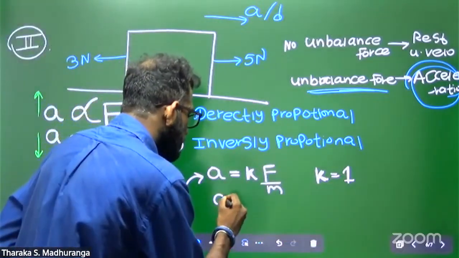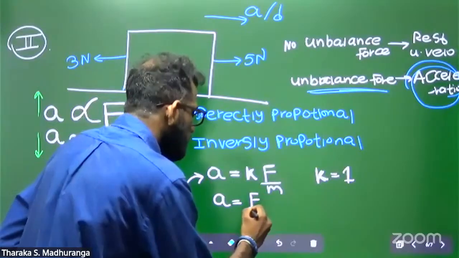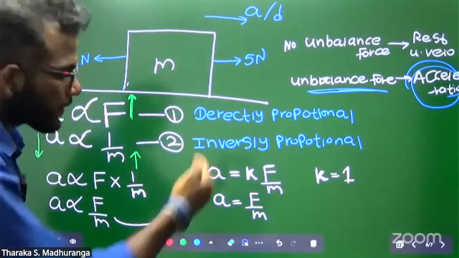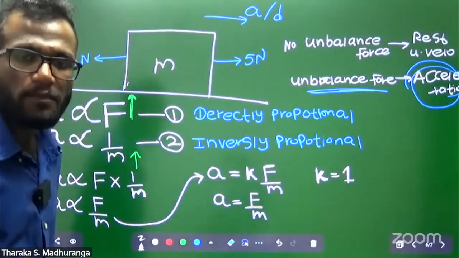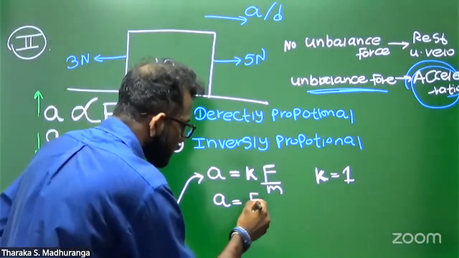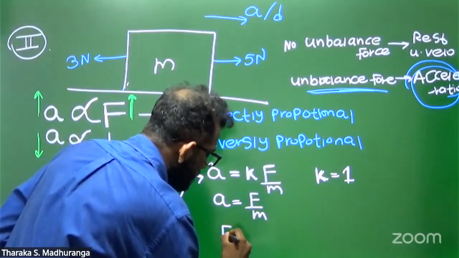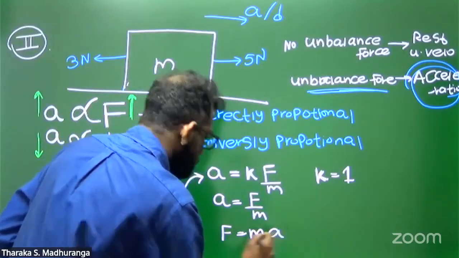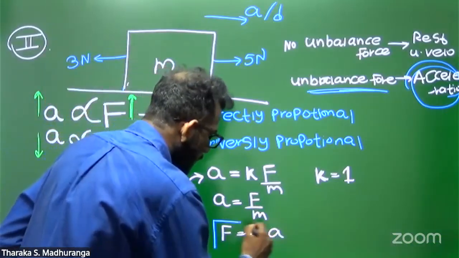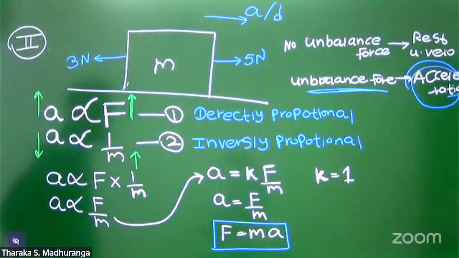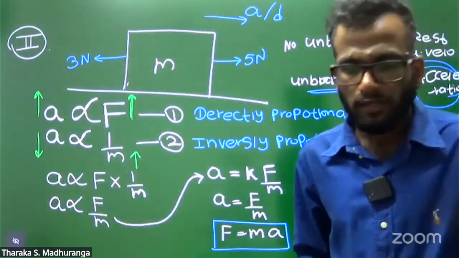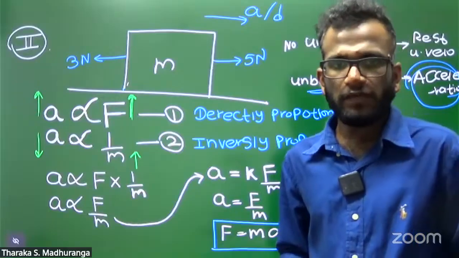Then 1 times F over m is just F over m. By cross multiplication, we get F equals m a as the final equation. Next week we can do more calculations using this F equals ma equation.